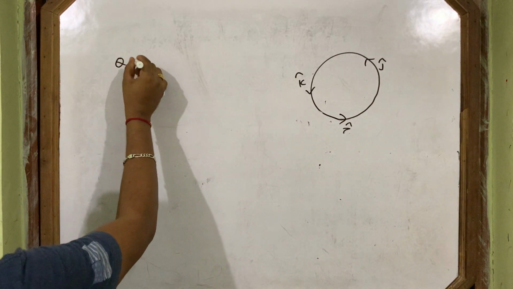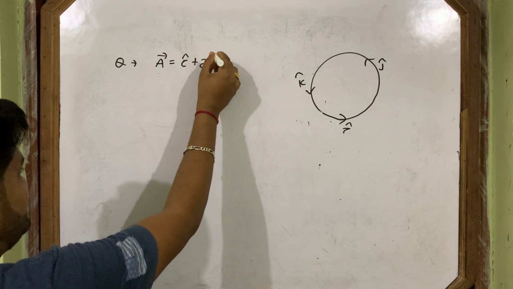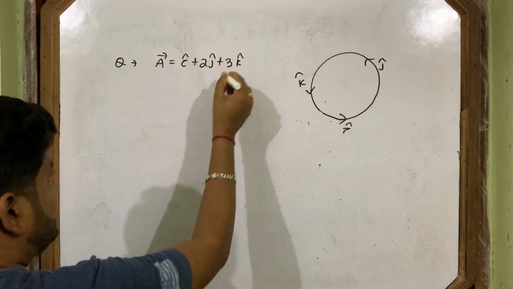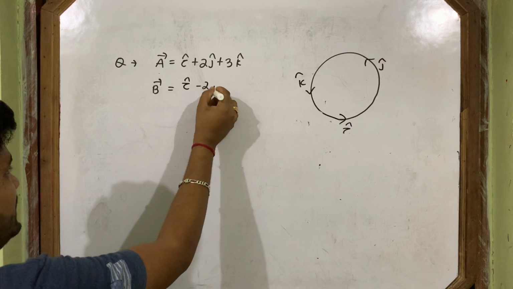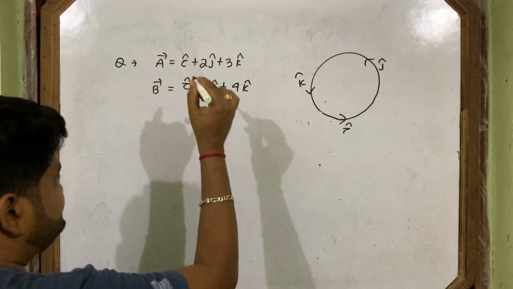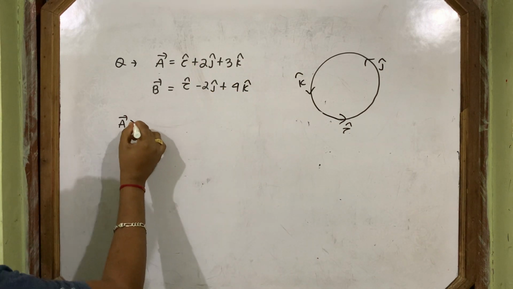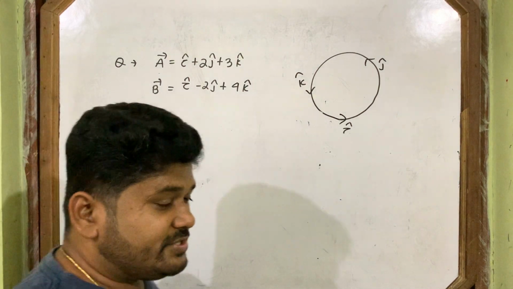So let's do one question. If I give you vector a as i cap plus 2j cap plus 3k cap, and b vector as i cap minus 2j cap plus 4k cap, let's do the cross product. I'm doing it by determinant.